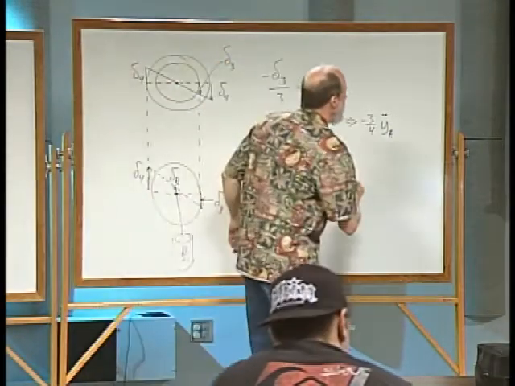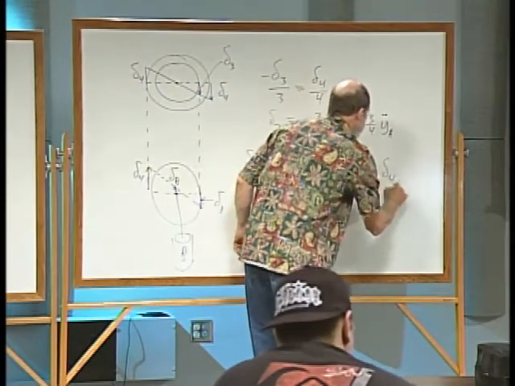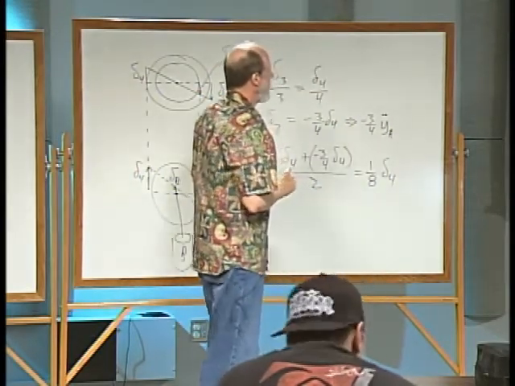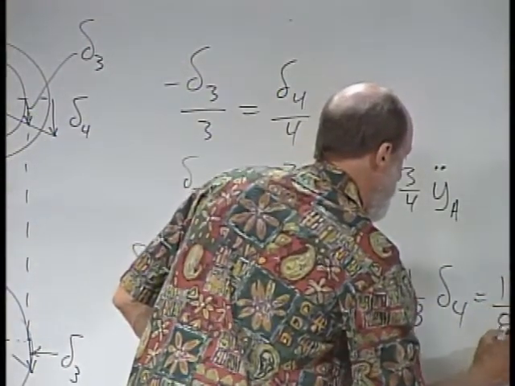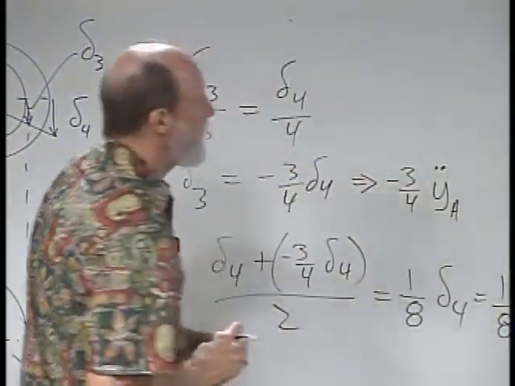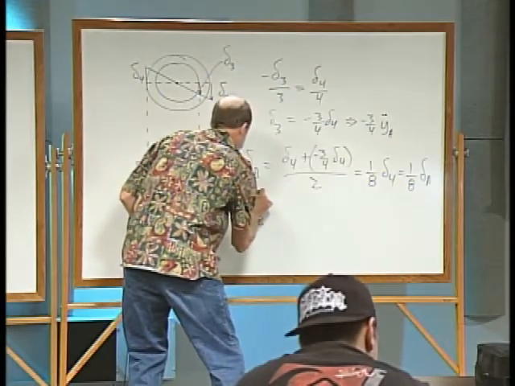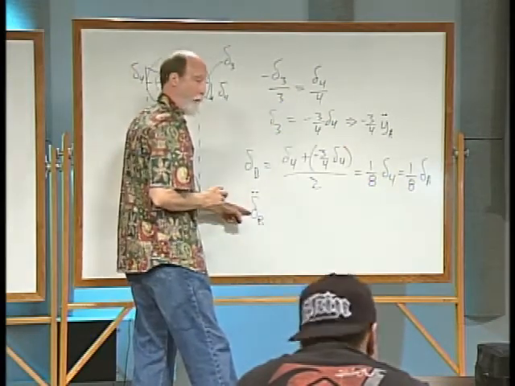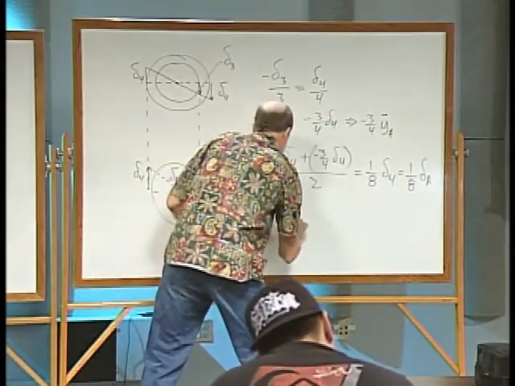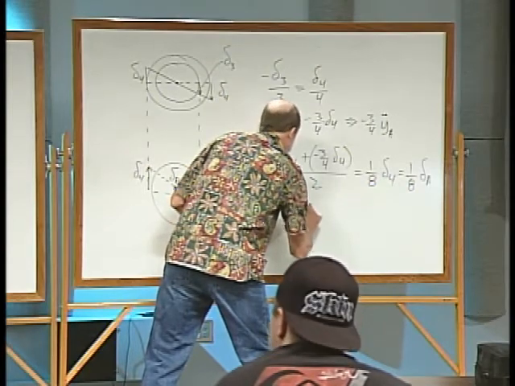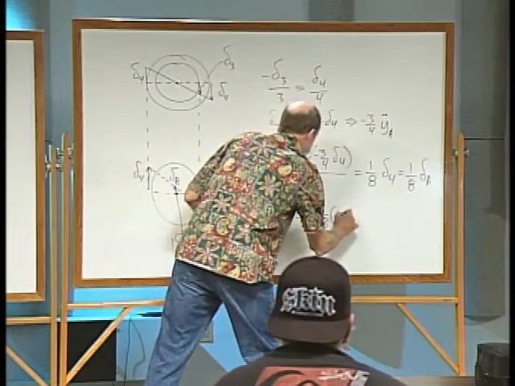And that gave me a reading of 1/8 of delta 4, which is 1/8 of delta A. And so therefore, the acceleration of cylinder B, the second derivative on that delta, is going to be equal to 1/8 of the acceleration on A. I think they gave us a positive 2 on that.